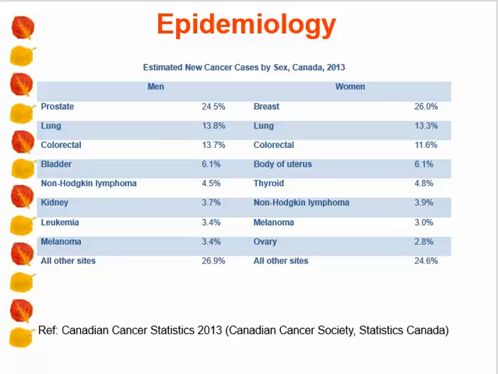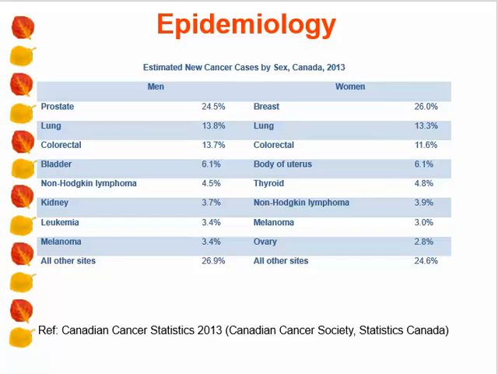So here's a breakdown. I find it interesting. Prostate cancer is about 25%. Breast cancer is about 26% of women. Lung is about the same, 13 and a bit. Colorectal is in relatively the same area, men a little bit more. Bladder cancer is higher in men.